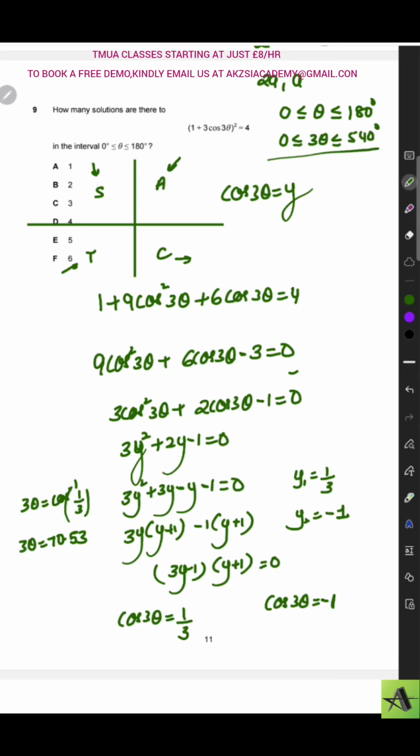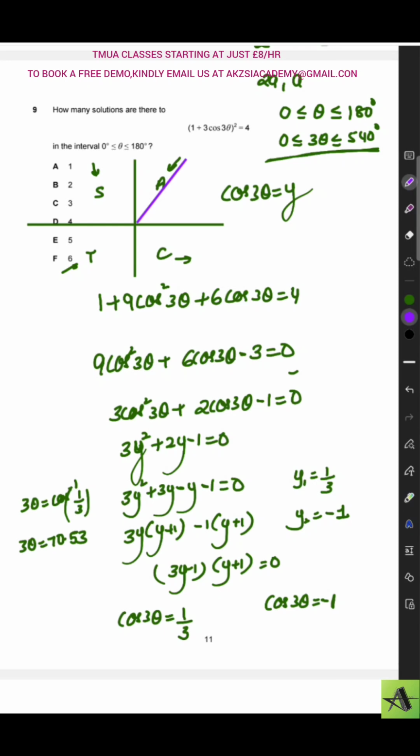That means we have to calculate all the values between 0 and 540. We have calculated that the inverse of 3 theta is 70.53, so here I'll draw 70.53, somewhat like this. Symmetrically, I'll draw in the place where I can find the cosine positive, because 1 over 3 is a positive value.